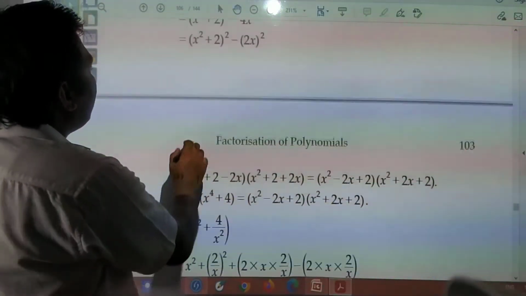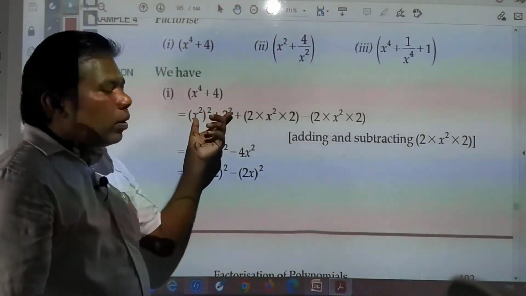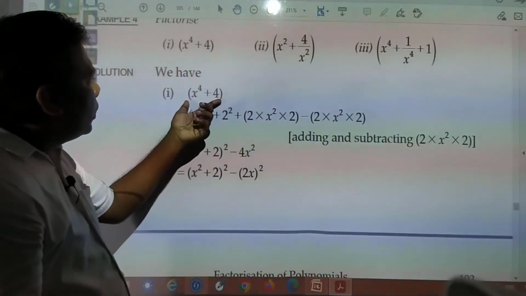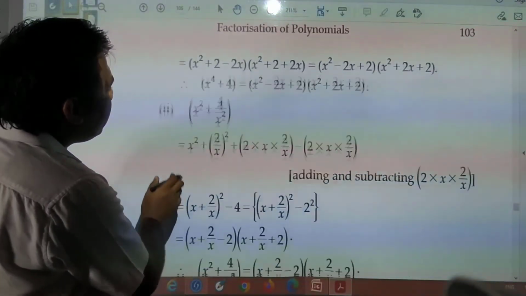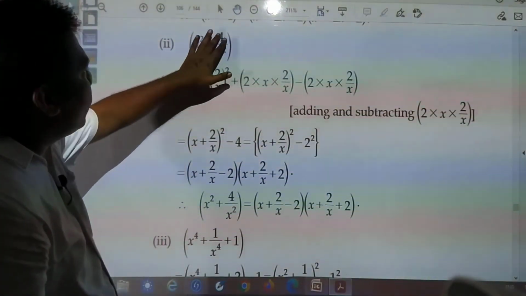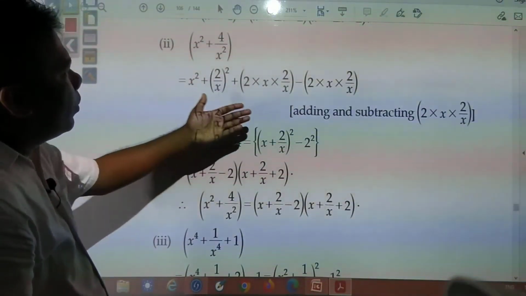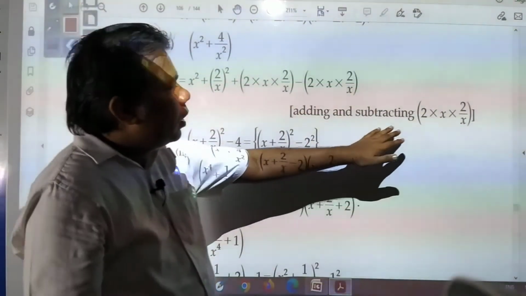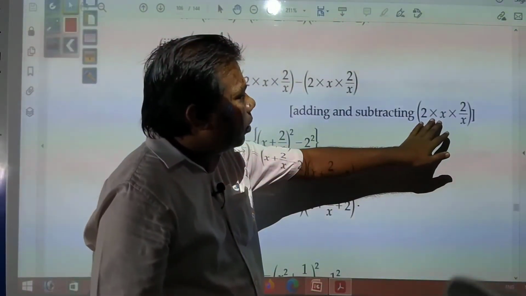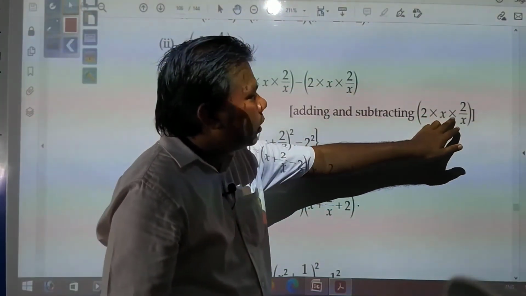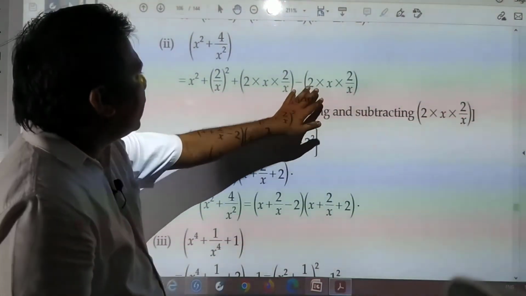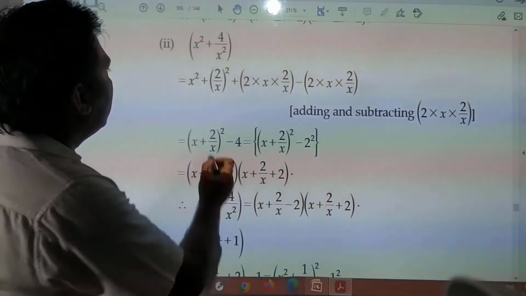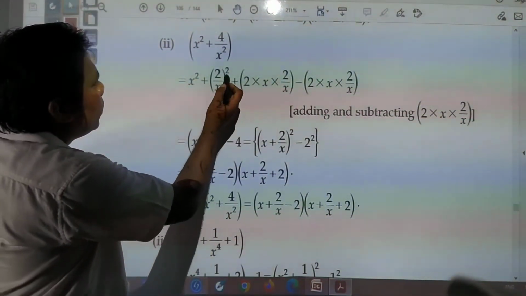So in this type of questions you need to remember, or you need to practice how it is required to be solved. x square plus 4 by x square you have, the same thing will be required to be applied. Here 4 means 2 into x into 2 by x is required to be added and subtracted to get the formula. Here you have x square plus 2 by x whole square.